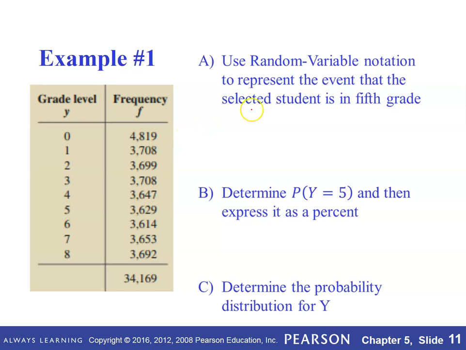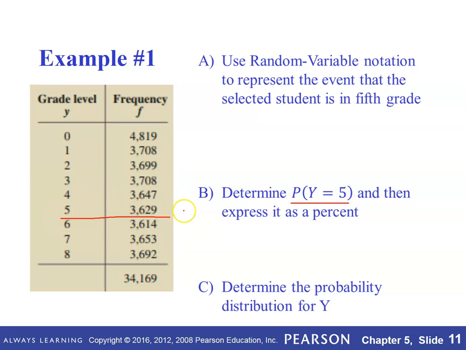But anyway, it says use random variable notation to represent the event that the selected student is in 5th grade. So here we're talking about this line here. We want to know what is the probability that they're in 5th grade. Well, the probability notation is going to look like this. It would be the probability that Y, which is your grade level, equals 5.